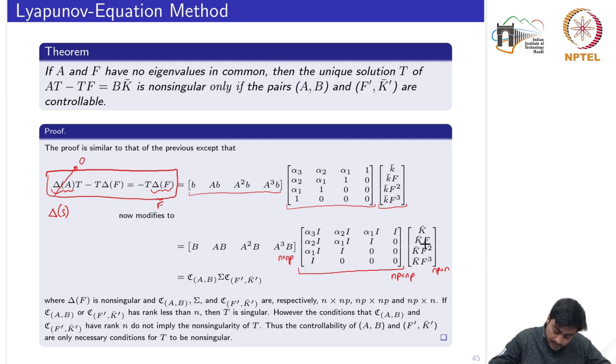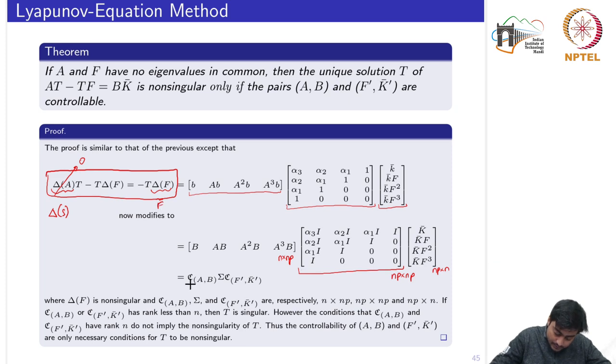And on the left hand side, delta of F tilde, we had already shown that this matrix is a non-singular matrix. So we can take its inverse, and it would be a square matrix also.